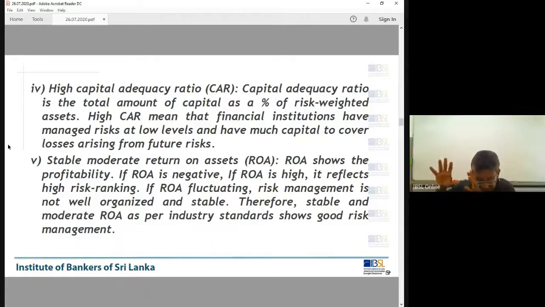In Sri Lanka, we have identified 4 banks as domestically significantly important banks. And those 4 banks we have again categorized into 2 based on high loss absorption capacity.